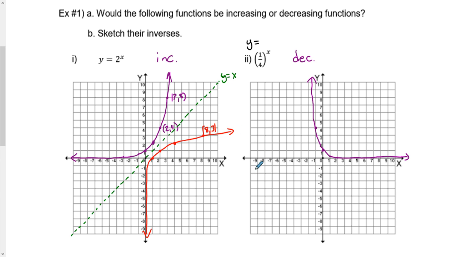And before we get to the inverse stuff, I'm just going to do a sketch on this one for this inverse. So again, if we're looking at points, this is the point -1, 4. So the opposite of it will be 4, -1, just switching the x and y. This point, 0, 1 would become 1, 0.